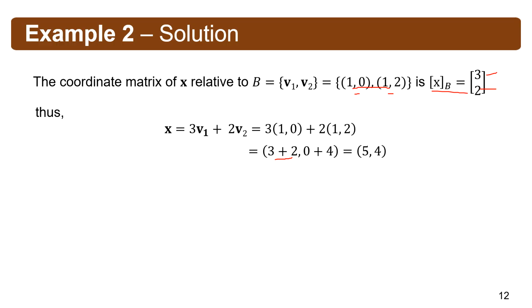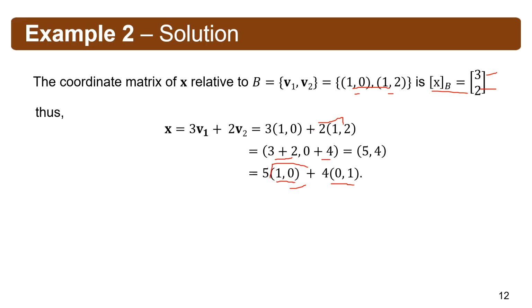And for the second component, 3 times 0 is 0 plus 2 times 2 is equal to 4. So this is (5, 4). And you can also write this as, if we separate them as the first component and the second component, 5 times (1, 0) plus 4 times (0, 1).